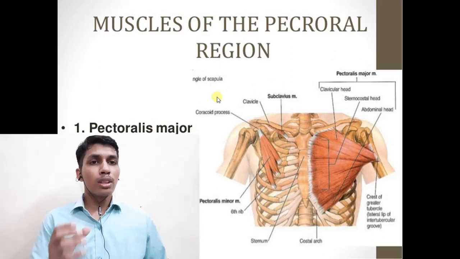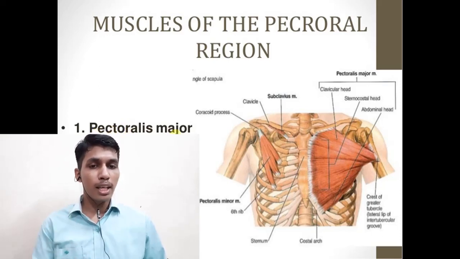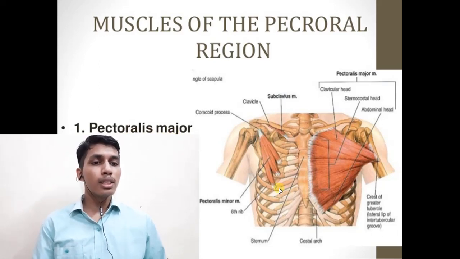Coming to our topic, pectoralis major is composed of the word pector. Pector means the chest and major means the larger. So this is the largest muscle of the pectoral region.